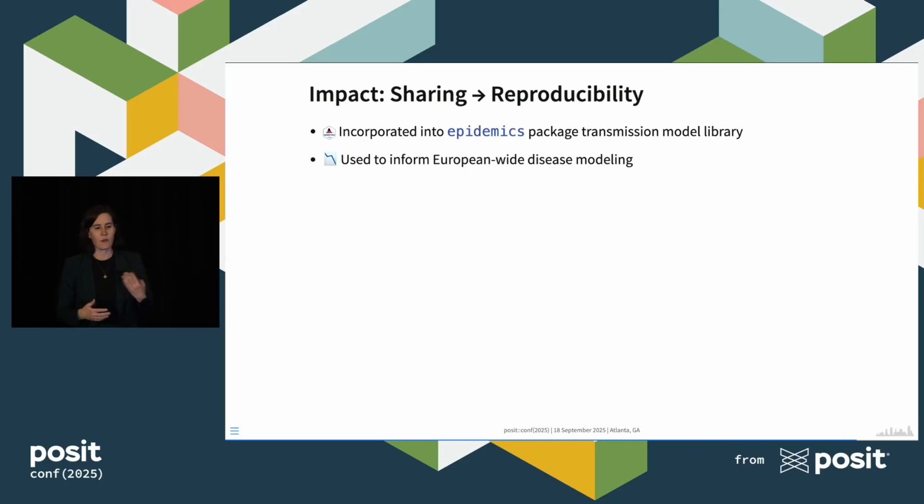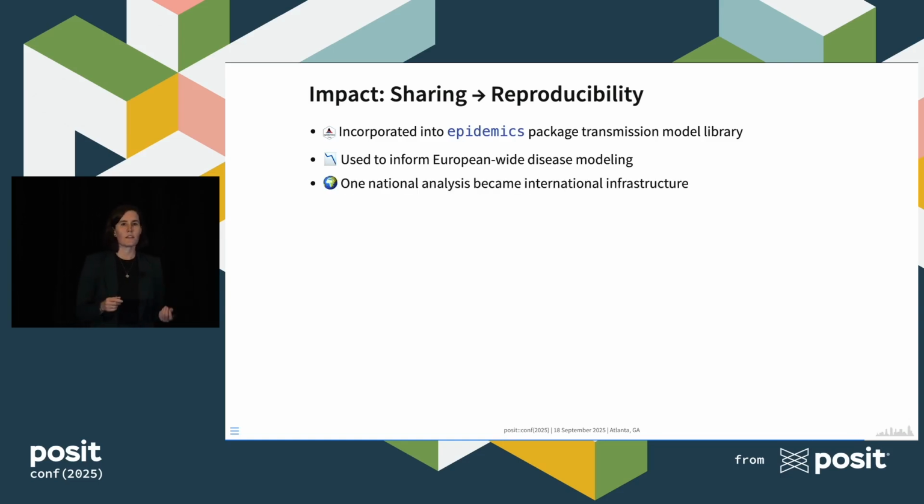Another thing was that I was able to be involved in a European-wide effort to provide modeling results to help inform COVID public health policy. And that would have been much more difficult if I hadn't used this approach. And so ultimately, one national analysis has now become a piece of international infrastructure that will live beyond the work that I did.